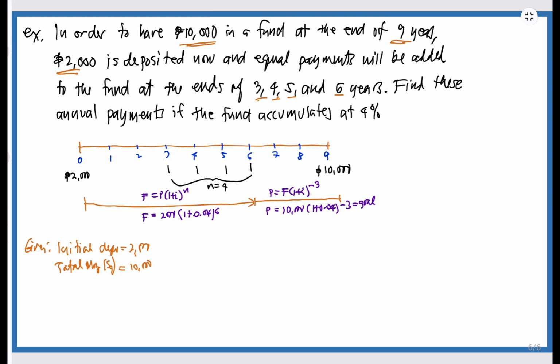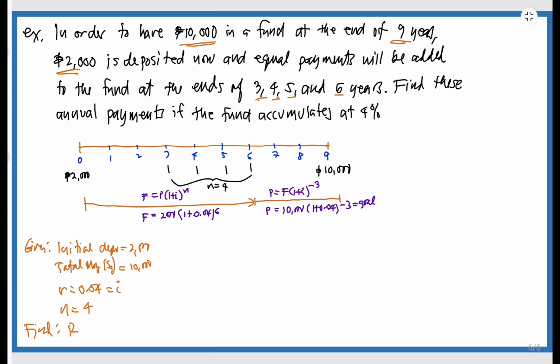So R is 0.04. This is annual, so it's the same as i. What about N? N is 4. This is for the annuity. So N equals 4. Find R. How much is the annuity annually on year 3, 4, 5, and 6?